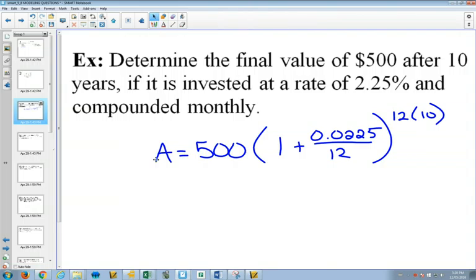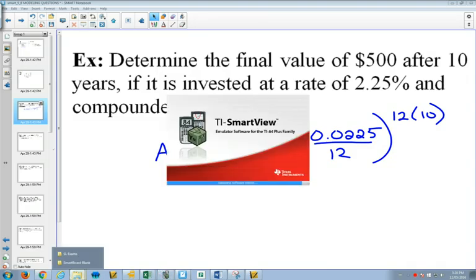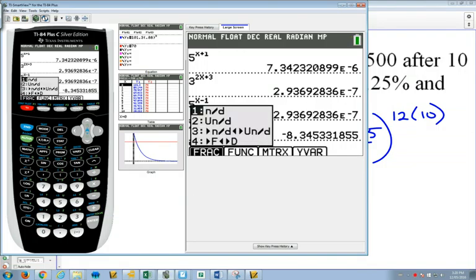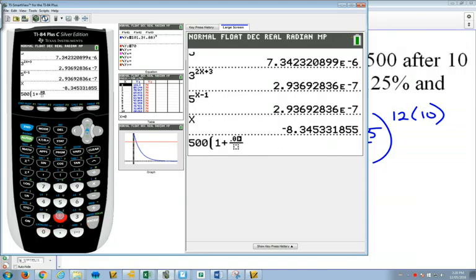So this one, we're not solving for anything in the exponent. So all we have to do is plug this into our calculator. Type in exactly as you see, 500 bracket 1 plus 0.0225 divided by 12.